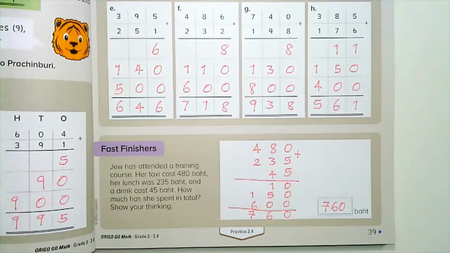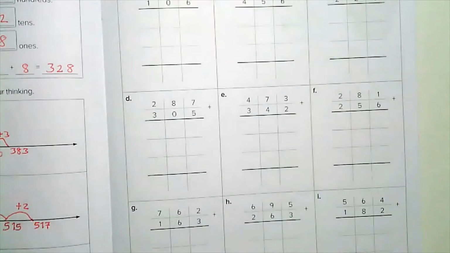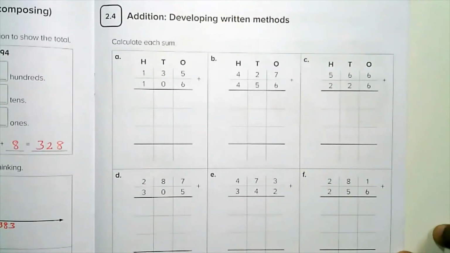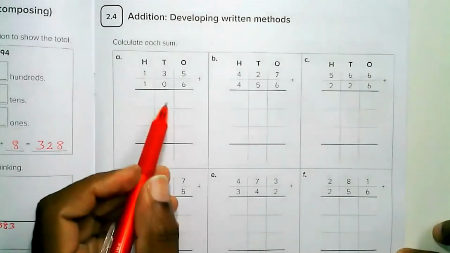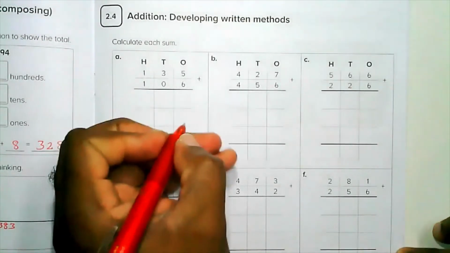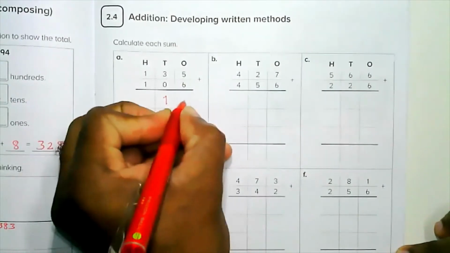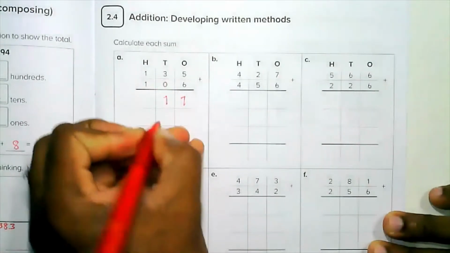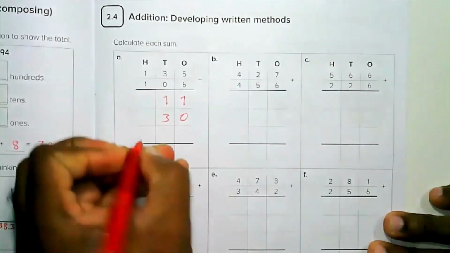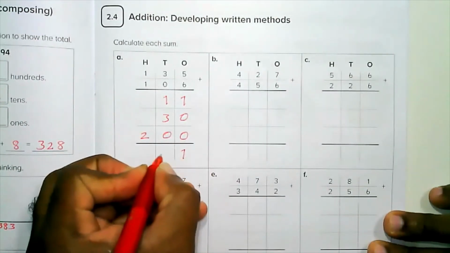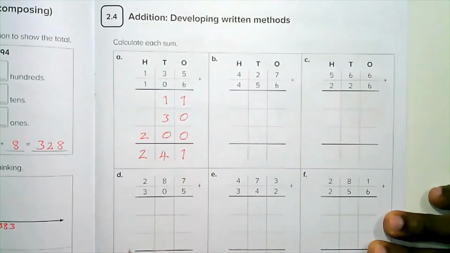Now let's go on to the practice, practice 2.4. Using the same method, 5 plus 6 will be 11. 200. Adding all together will give us 241.